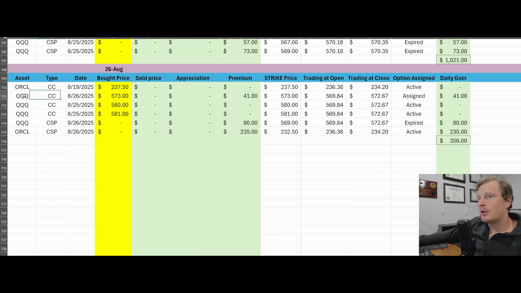For my 3 QQQ covered calls, 2 of them I ran yesterday for a week long because the market was red and I wanted to just collect the upfront premium. And because my buying costs are pretty far away from where the market is trading, I decided to do a week long expiration, take the money up front, and leave it at that. QQQ opened at 569.84 today, and then it closed at 572.67.